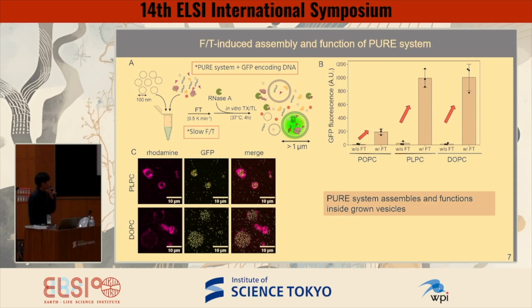If the PURE system assembles and functions, GFP is synthesized and emits fluorescence. And look at this, figure B, we saw an increase in GFP fluorescence in POPC, PLPC and DOPC vesicles, which means the PURE system assembled and functioned inside the vesicles. And here we also confirm the PURE activity under microscopy.